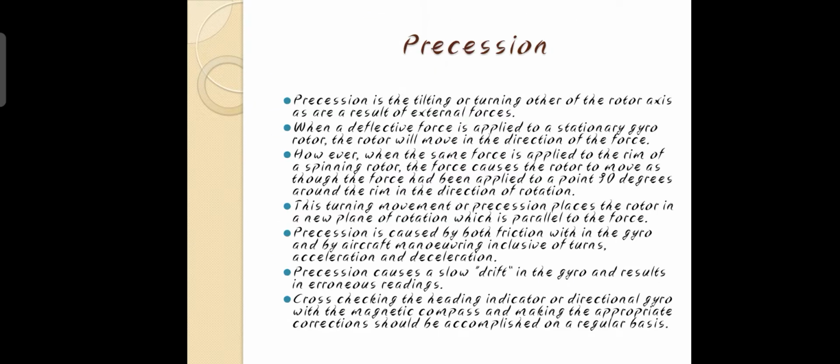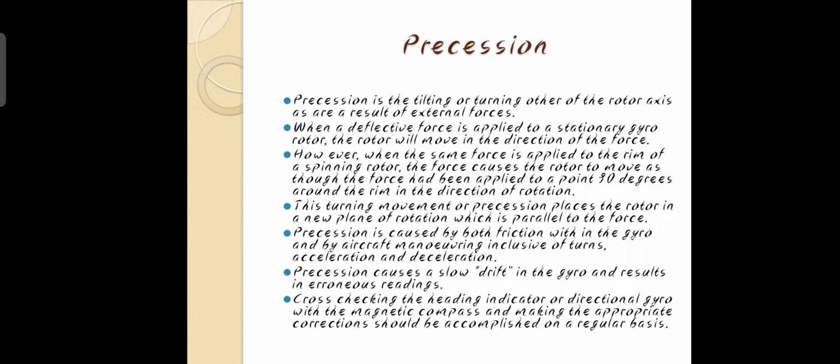Precession is the tilting or turning of the rotor axis as a result of external forces. When a deflective force is applied to a stationary gyroscope rotor, the rotor will move in the direction of the force. However, when the same force is applied to the rim of the spinning rotor, the force causes the rotor to move as though the force had been applied to a point 90 degrees around the rim in the direction of rotation.